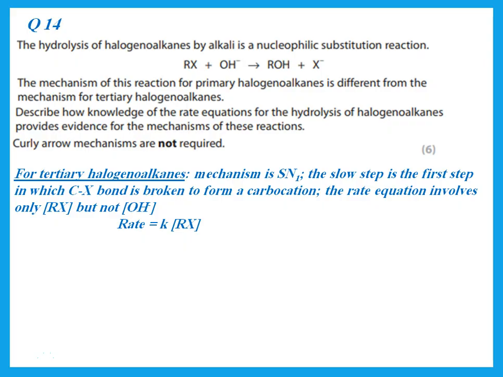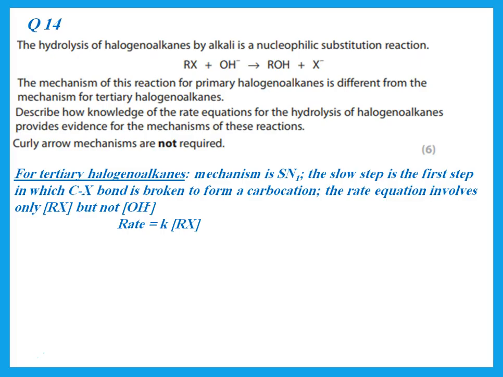Remember that we said if I have a tertiary halogenoalkane, the mechanism is SN1. Now, how do we know that? The slow step is the first step in which the C-X bond is broken to form a carbocation, and that means that the rate equation involves only the concentration of the halogenoalkane, not the hydroxide ion.